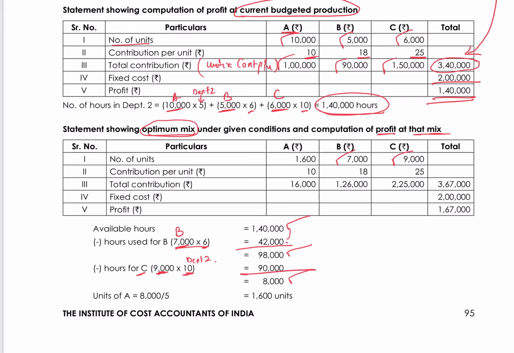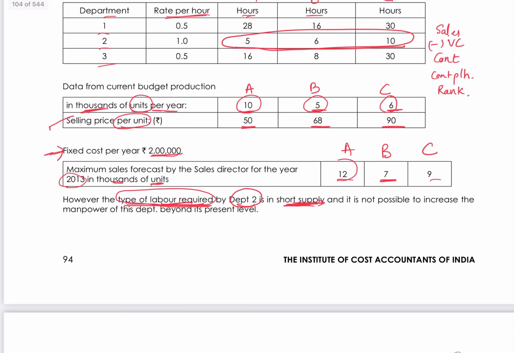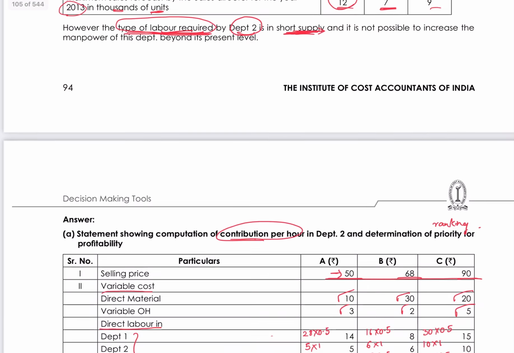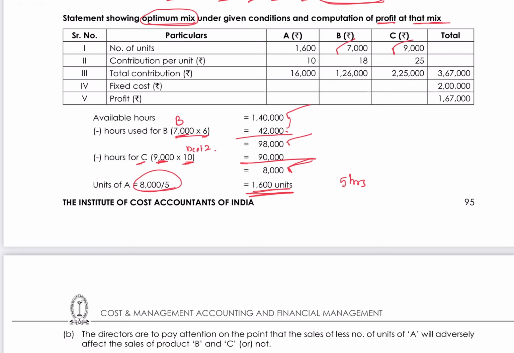So only 8,000 hours are available for product A. Department 2 requires 5 hours for product A. So 8,000 hours divided by 5 is only 1,600 units of A we can make. They say we can sell 12,000 units of A, but according to the limitation of hours we can make only 1,600 units of A. So I will write here 1,600.